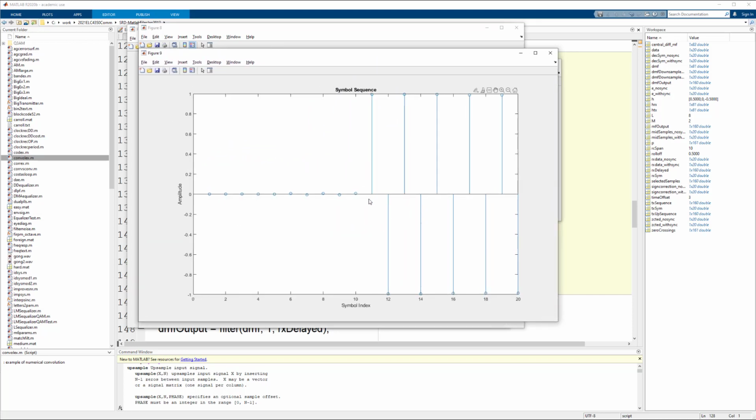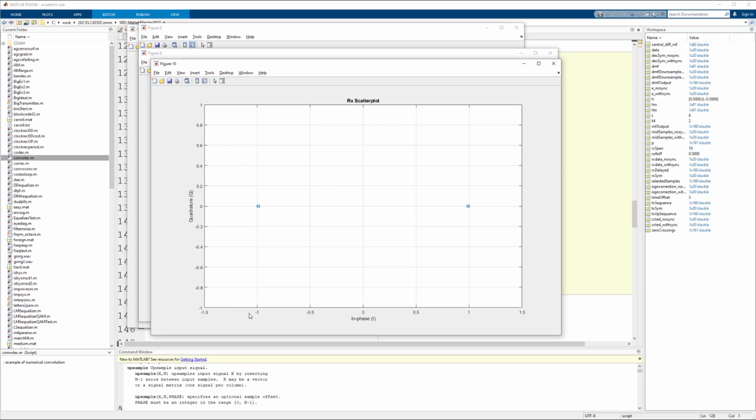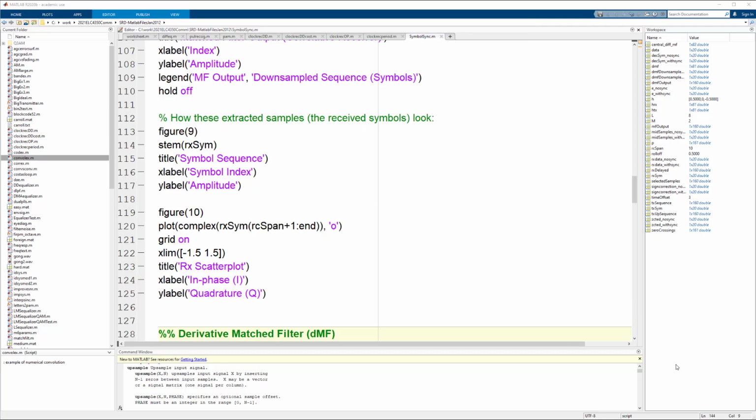So we extract those sampled values. These are exactly positive 1 and negative 1s. And on figure 10, we can see the constellation. That is a perfect constellation, giving me those symbols on 2 points, positive 1 and negative 1, for very easy detection.